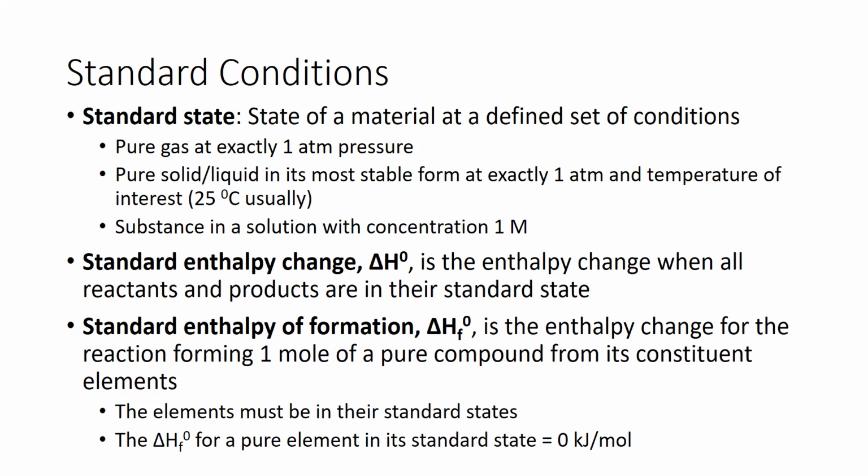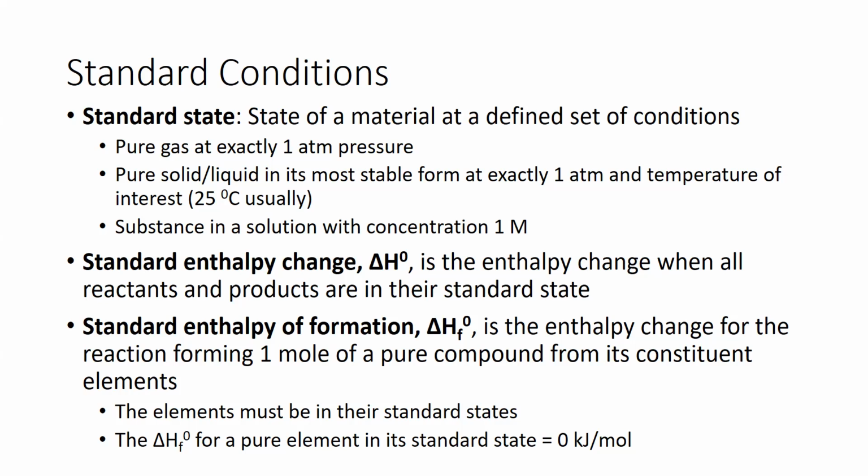If you're a solid or liquid in your stable form, at 1 atmosphere and a certain temperature, usually we say 25 C. Or if you're in a solution, your concentration is 1 molar. We use these standard states for ease in calculations, where we usually say if you're in your standard state, your enthalpy is 0. It's just a way for us to set a baseline.